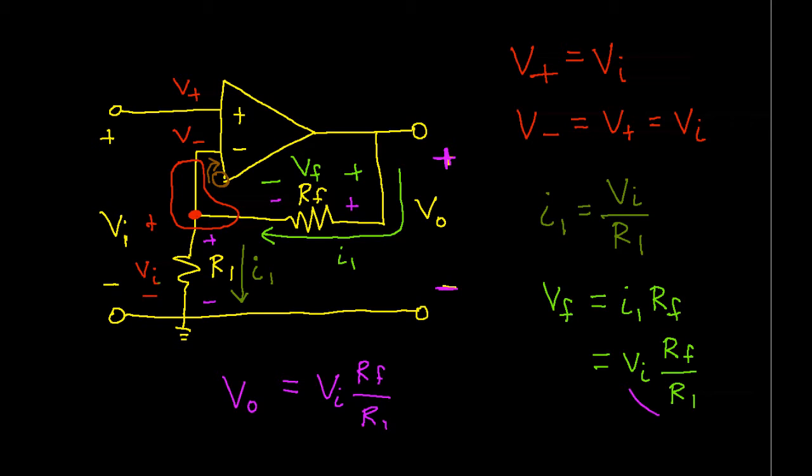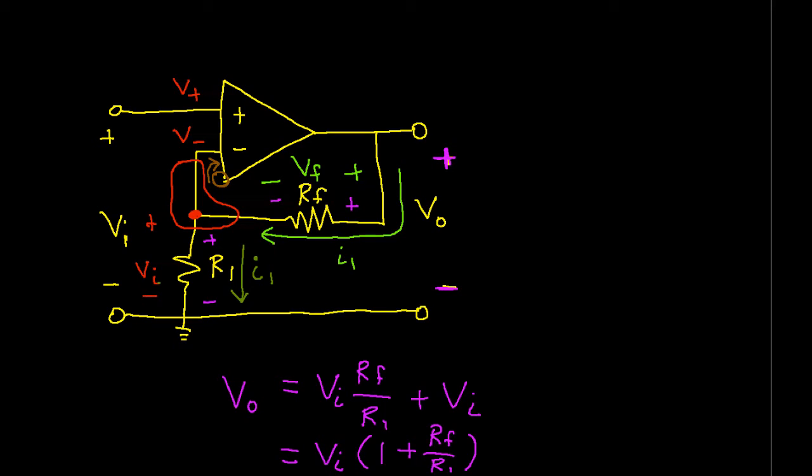That's basically this value. And we know that the voltage across R1 is VI. So now we can factor out a VI, and we get V0 equals VI times 1 plus RF over R1. So there you have it. That basically gives us the output voltage of this non-inverting op-amp circuit in terms of RF and R1.